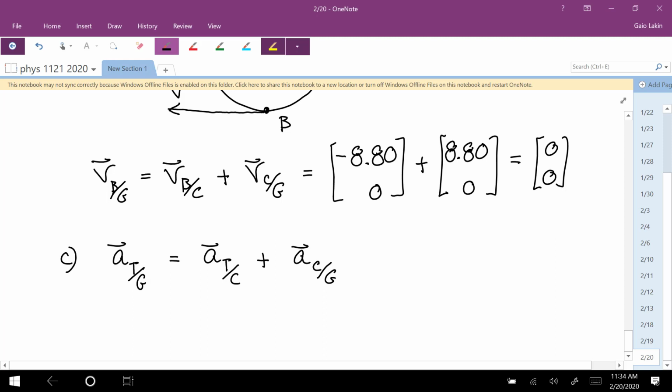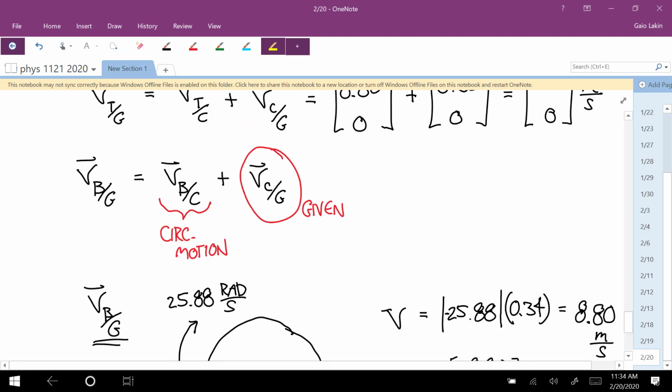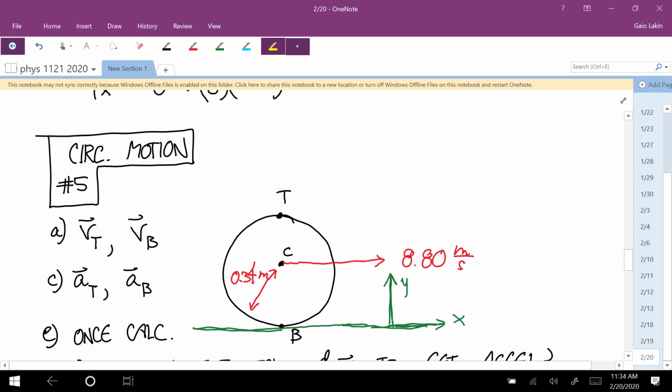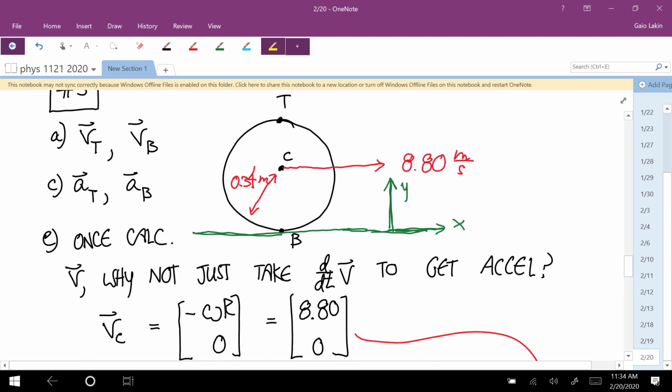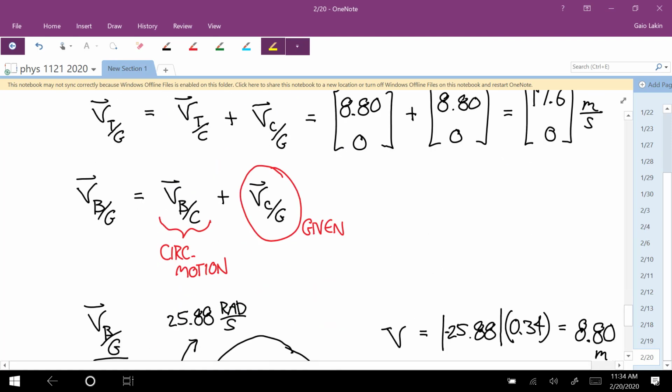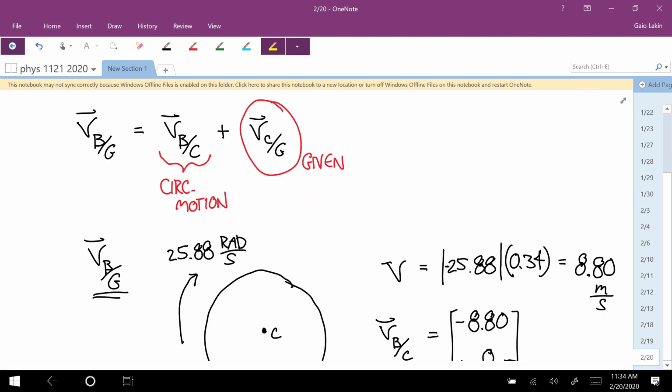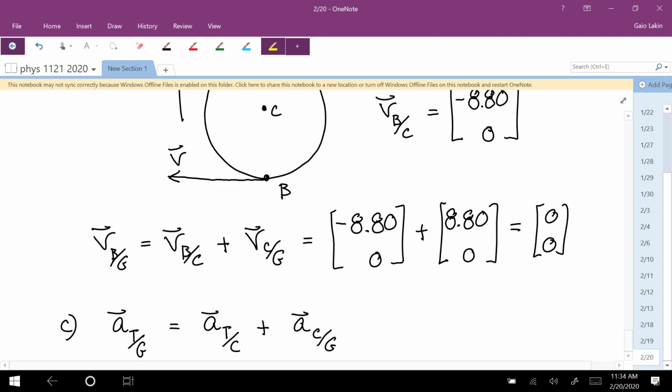What do we know about the acceleration of the center relative to the ground in this problem? Yeah, so it's moving with a constant speed.